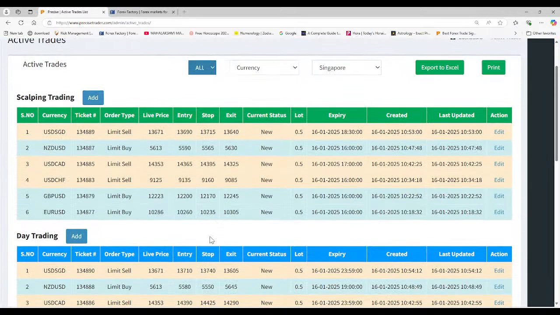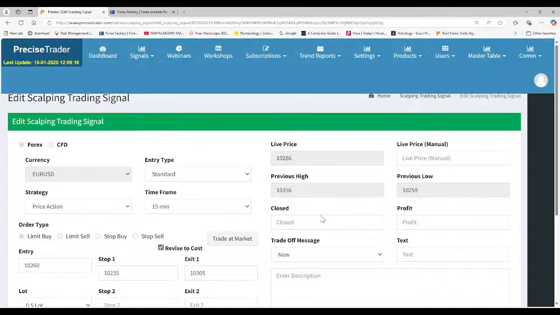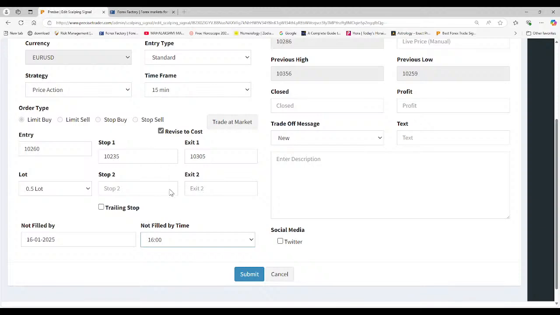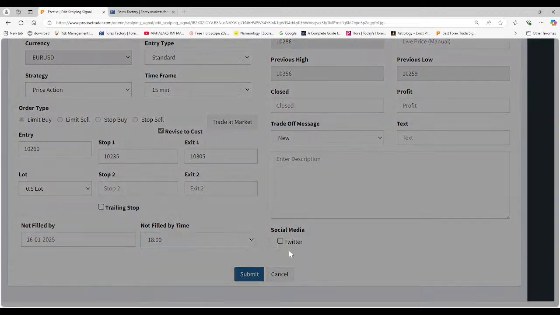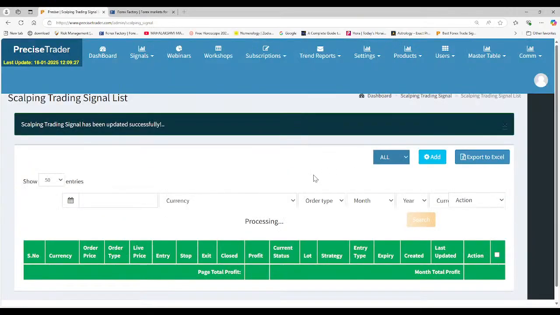Okay, corrective mode. So let's see what call we have given based on this. We are going for a buy at 260, with a stop at 235 and exit at 305. And this one I think we have given until 4 o'clock. I think we may want to increase it by another 2 hours until the next time back.